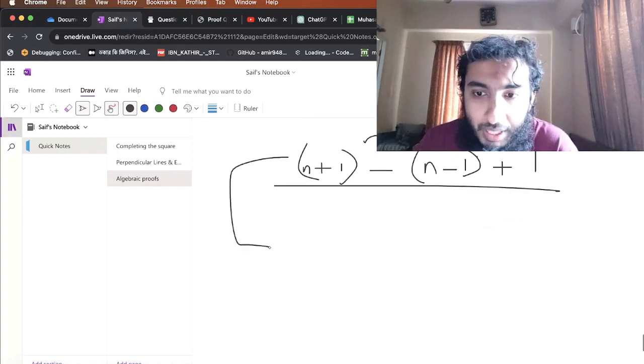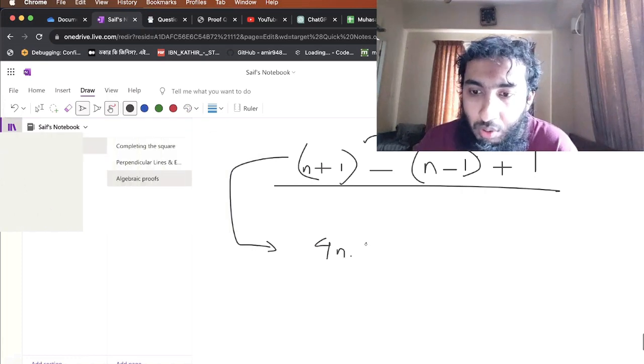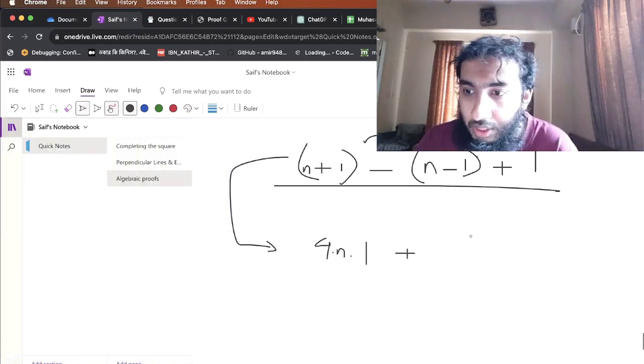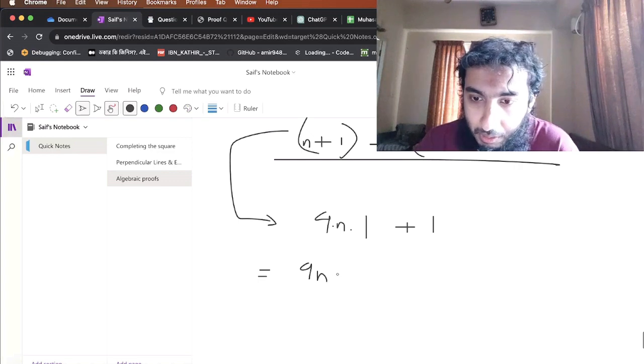So if we simplify this expression using the formula of a plus b whole square minus a minus b whole square, which is 4ab, in this case it will be 4 into n into 1 plus this one, which is 1. This can also be simplified as 4n plus 1.